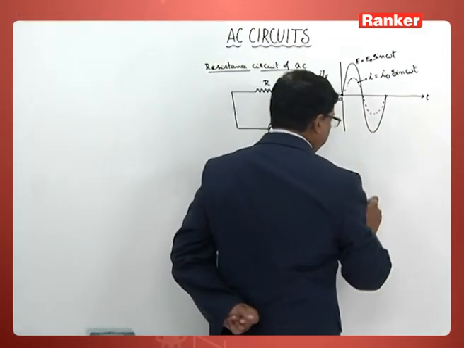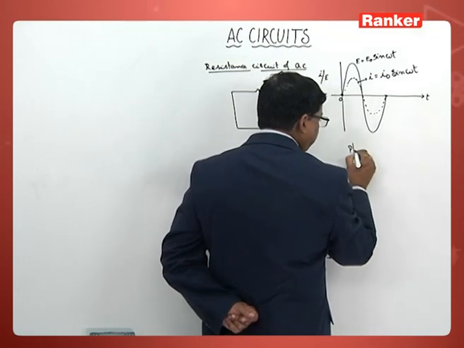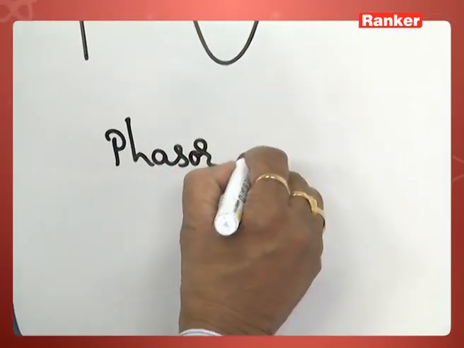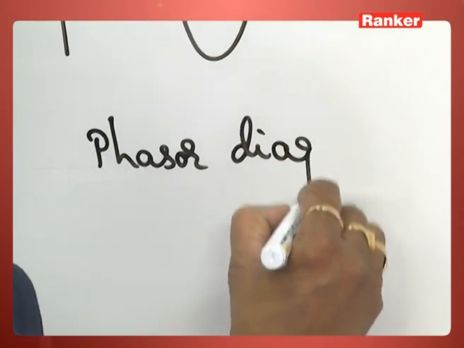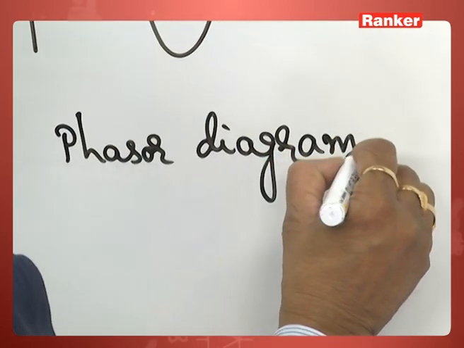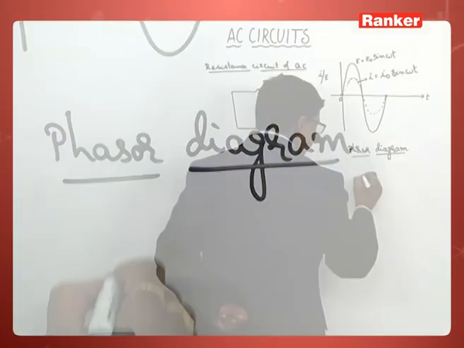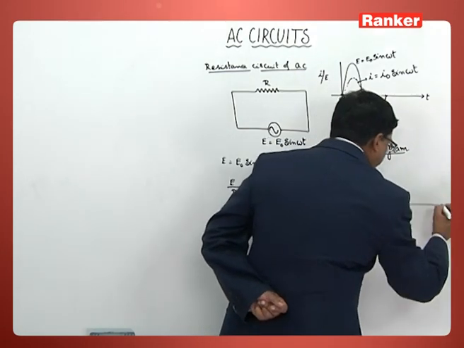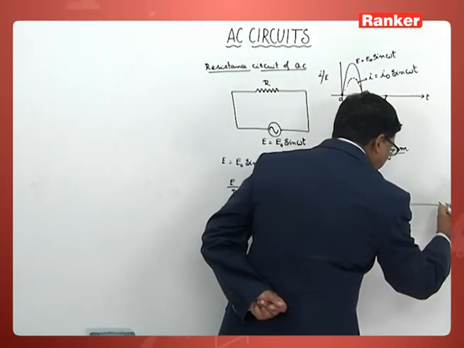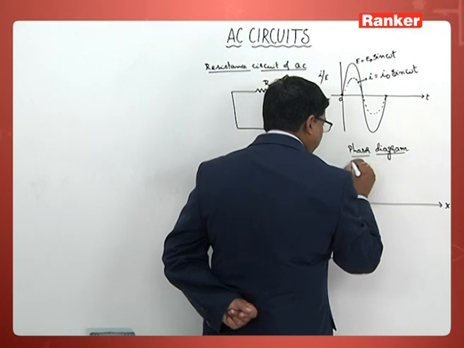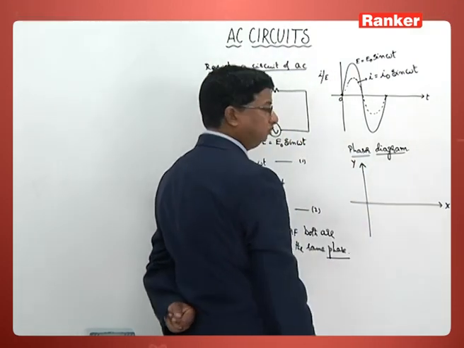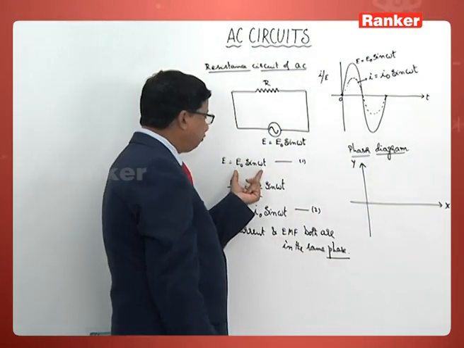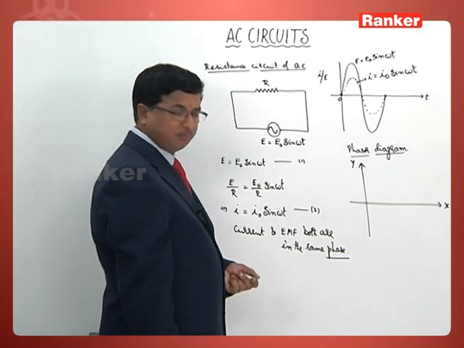The same structure in terms of a phasor diagram we can represent in a different manner. Now, let us consider this one as x-axis and this as y-axis. I just consider the first equation first.